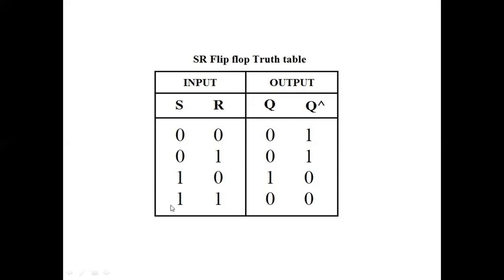If we have the inputs as 1 and 1, then we get the output as 0, and the complement is the same case here. So this is the truth table for the SR flip-flop. We follow this truth table, and we use an SR flip-flop internally in the 555 timer IC.